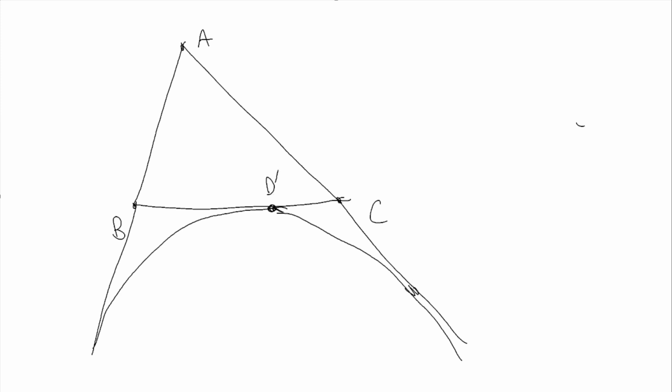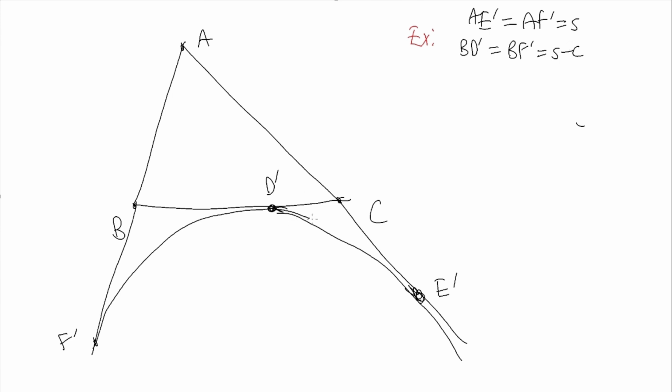Then I want you to prove on your own that AE prime is equal to AF prime is equal to s. And then BD prime is equal to BF prime is equal to s minus c.